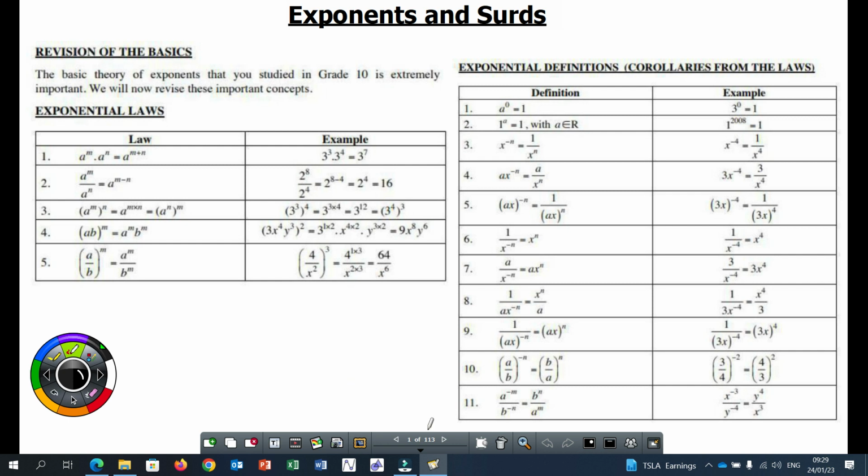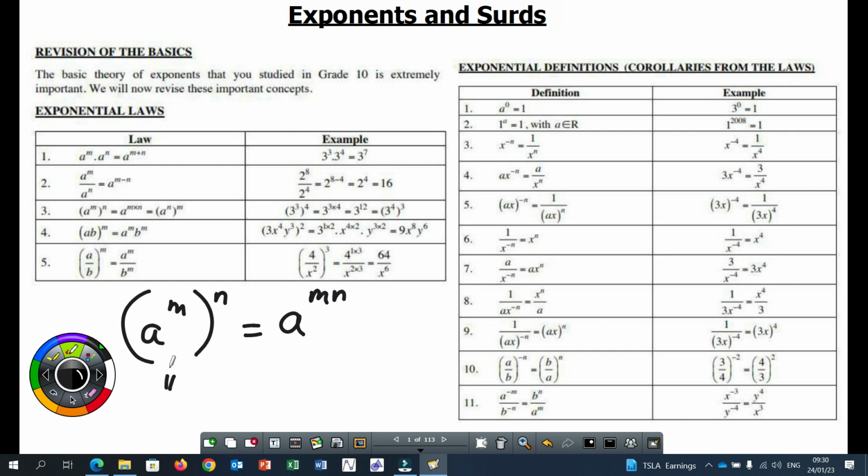Now one of the exponential laws that you are supposed to know is this one here. Let me try to highlight it. This is the exponential law: a to the power of n, raised to the power of m, is equal to a to the power of m times n.